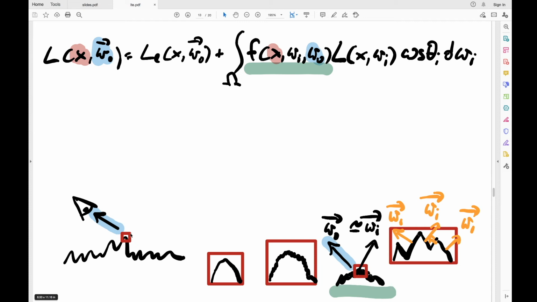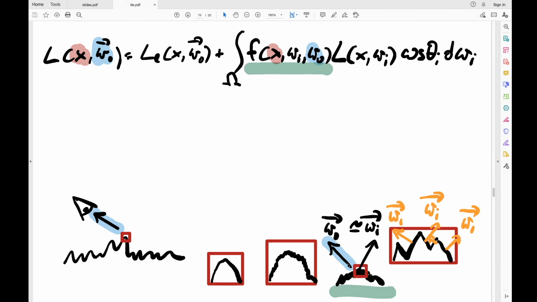The BRDF helps us describe the relationship between those two vectors, and it's usually a statistical measure. There are certain BRDFs with a definitive solution for omega i, for example perfect mirrors. But those are idealized models, so they are oversimplifications.